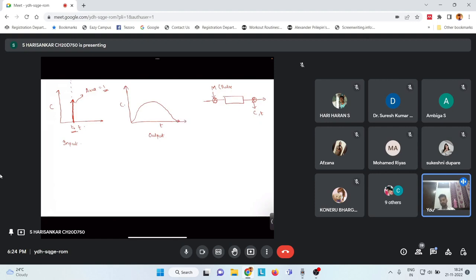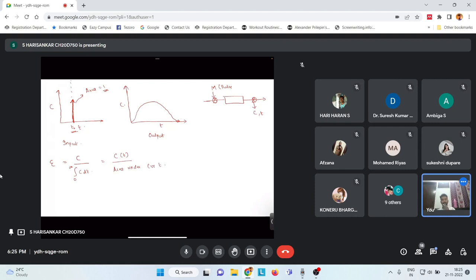Now the residence time E can be calculated as C, the concentration of tracer at the output, divided by the integral from 0 to infinity of C dt. Or basically, this is the concentration of the tracer at time t divided by the area under the C versus t plot.